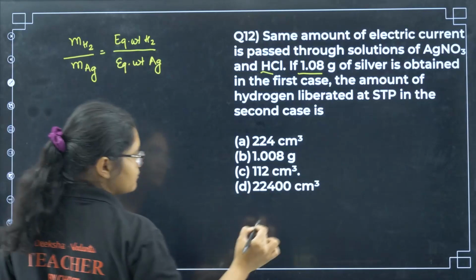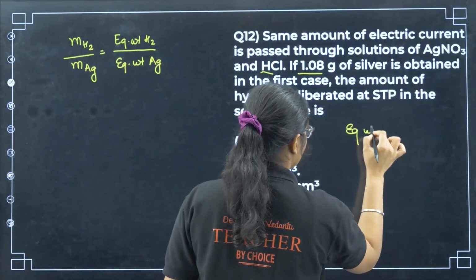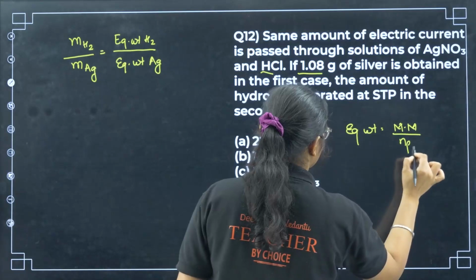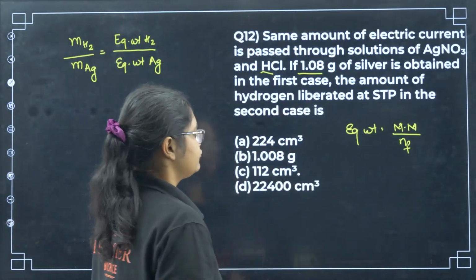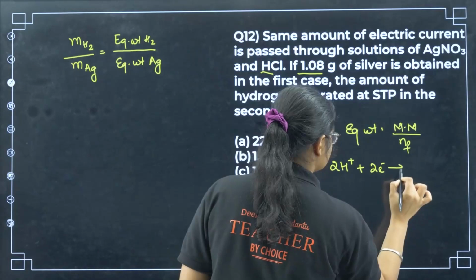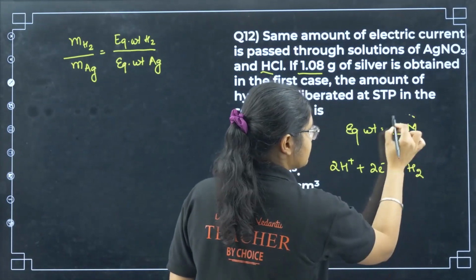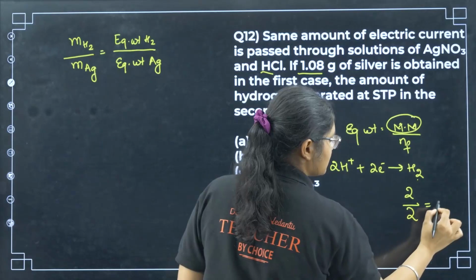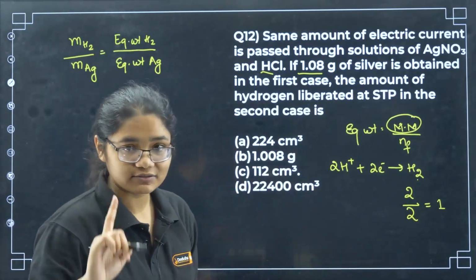Right. Now what is the formula for equivalent weight? Equivalent weight is equal to molar mass divided by n factor. Right. Now for H2, what happens? If you see H2, 2H+ plus 2 electrons gives you H2. Right. What is the molar mass of H2? It is 2 grams. n factor, how many electrons? 1. So equivalent weight of H2 is 1.